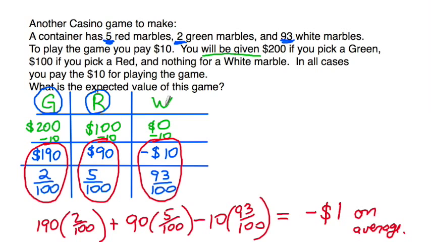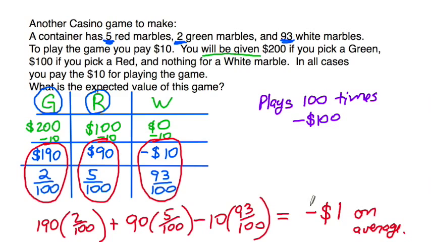So if a player plays 100 times, on average, the amount of money they win or lose will be down $100 because they, on average, lose $1 every time they play. Now, some of those times they're going to win. They could win big. They could win $200. But eventually, on average, they lose $1 every time they play.